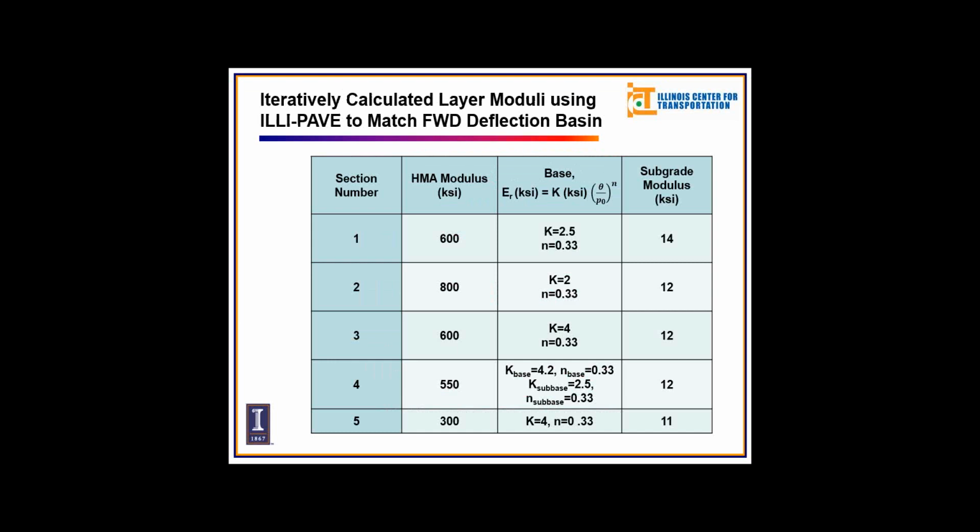So what we mean by doing a layer adjustment is that we want to model the actual deflection basin through ILLI-PAVE, and this table shows all the values that we came up with. We used ILLI-PAVE and ran those analyses, and we extracted the deflection values at different offsets from the loading plate.